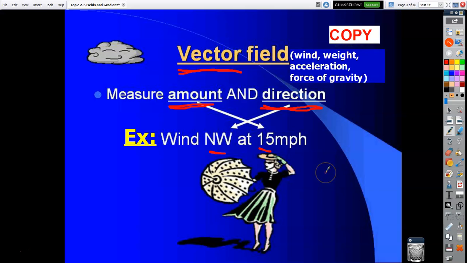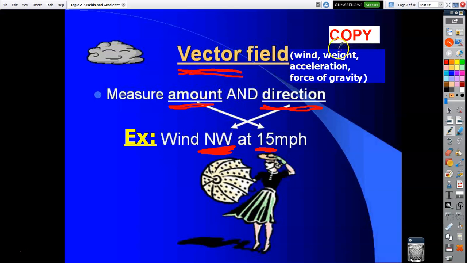The meteorologist on television will tell you 2 things: how fast the wind's blowing, maybe 15 miles an hour, and the direction the wind is coming from. A northwest wind is usually a cold wind. So they're giving you a vector: wind speed, 15, and the direction it's coming from, the northwest. When you have a number and a direction, those are vectors.